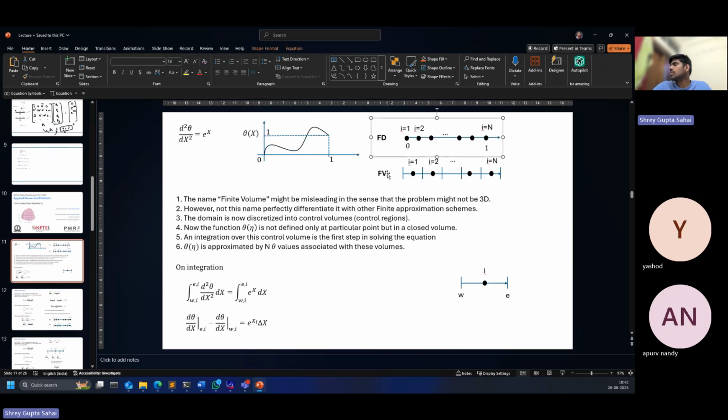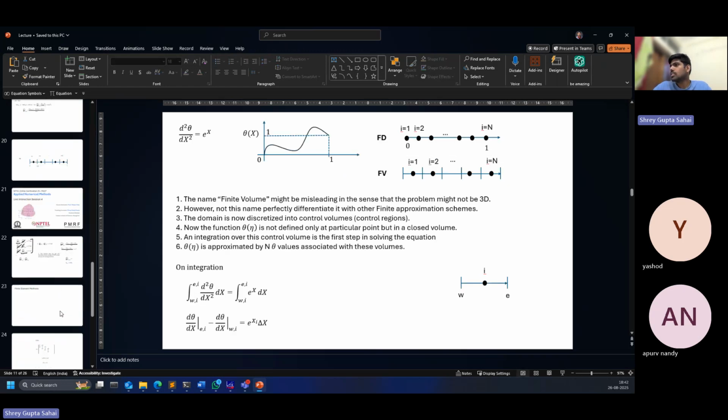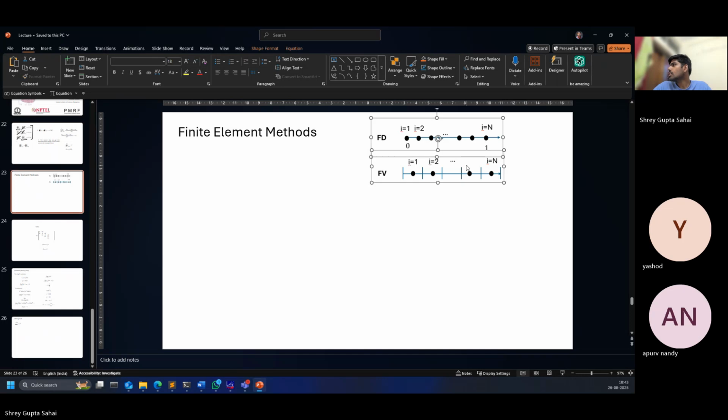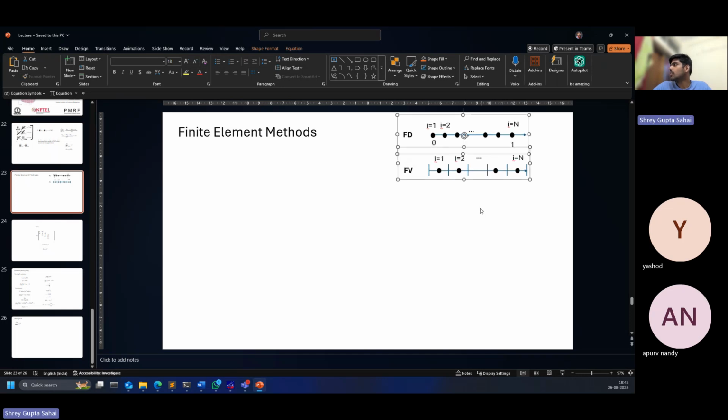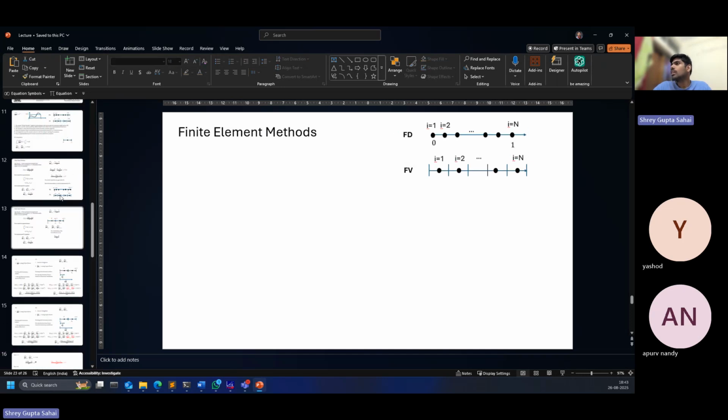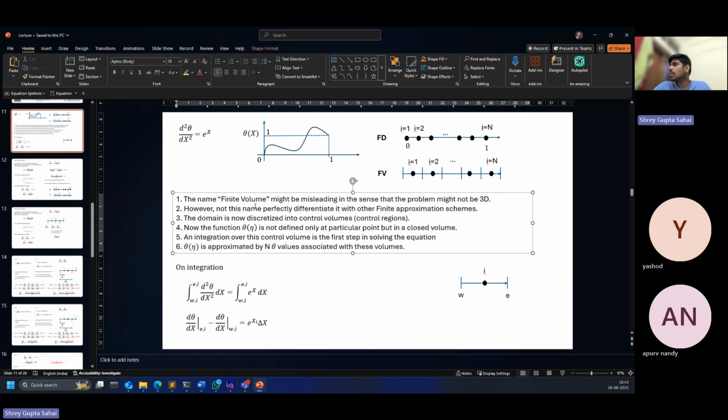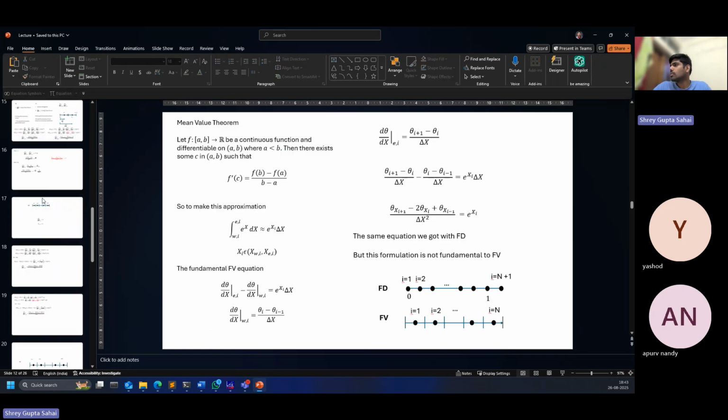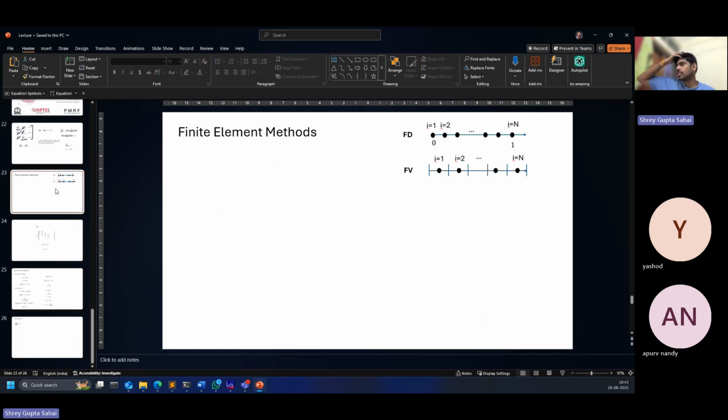Just to contrast, because now is the correct time to contrast things, these are the two schemes that we had looked at graphically. Now let's look into the philosophy of finite element. What does finite element do?